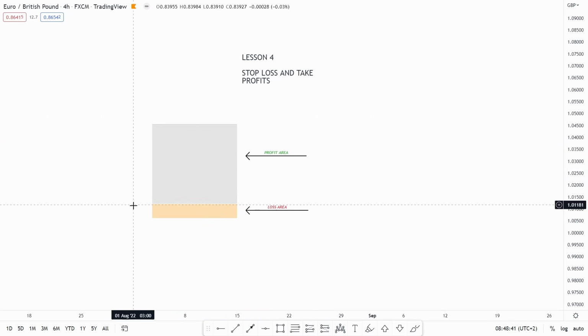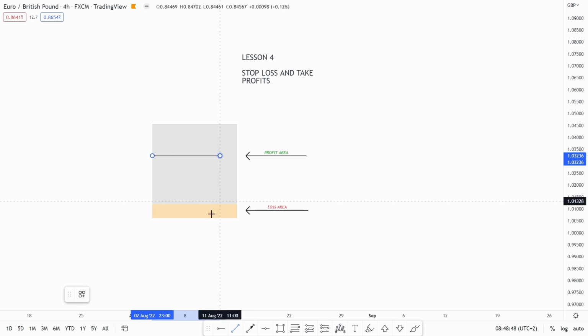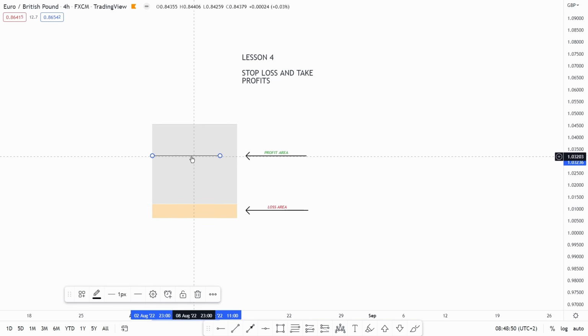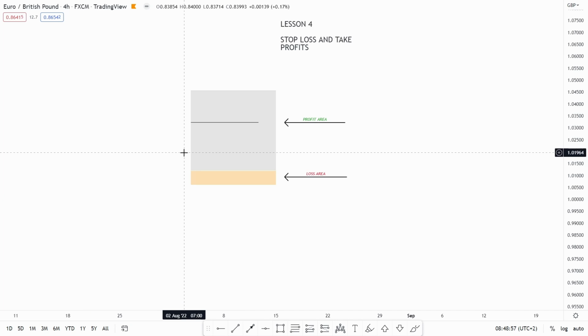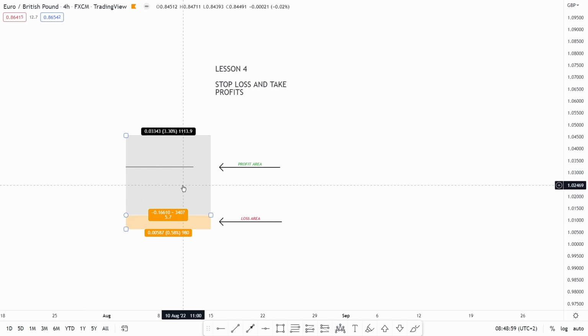But it doesn't mean that if the market is in this area from here to here, the money you're making is in your wallet, because it is momentary money here.